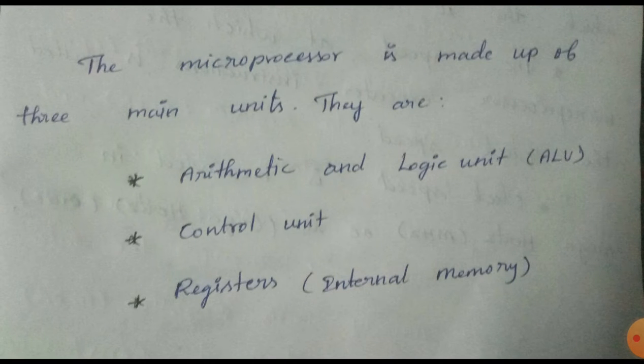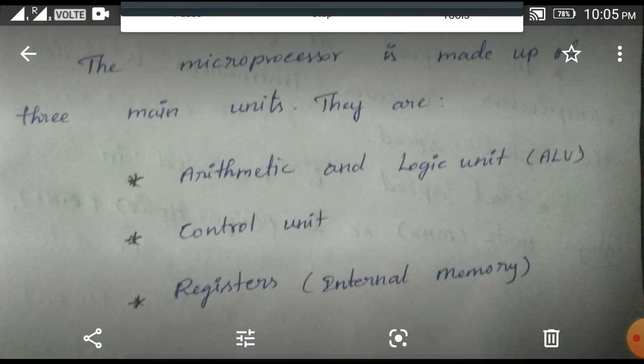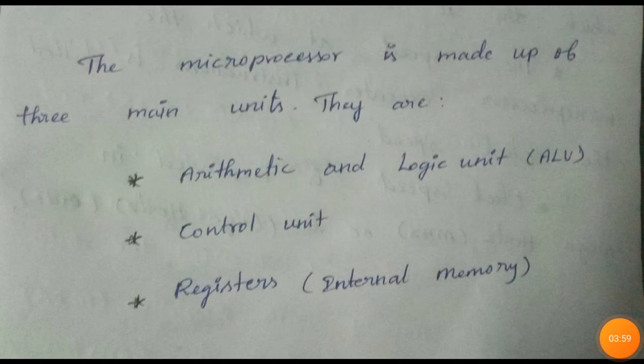The microprocessor is made up of three main units. They are the arithmetic and logic unit, that is called ALU, the control unit and registers. Registers are also called internal memory. The arithmetic and logic unit is used to perform arithmetic and logical operations in the computer.